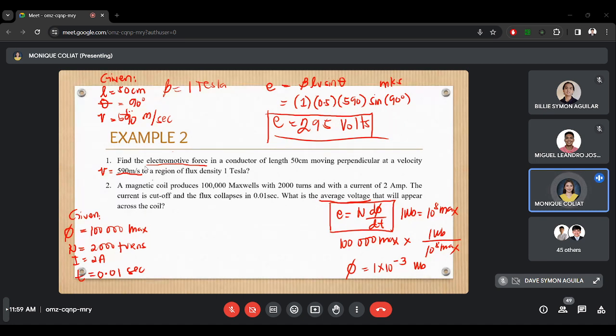Ayan, so we have E is equals to N. So we have 2,000 turns. Then, ganito. Di ba may binigay na tawag dito, flux? Sabi, the current is cut off or kinut off daw ang flux. And it collapses in 0.01 seconds.